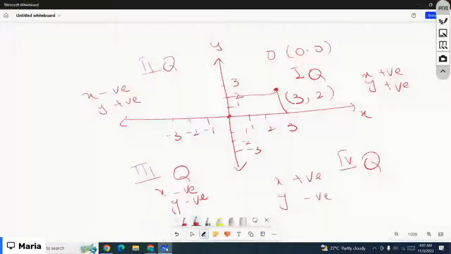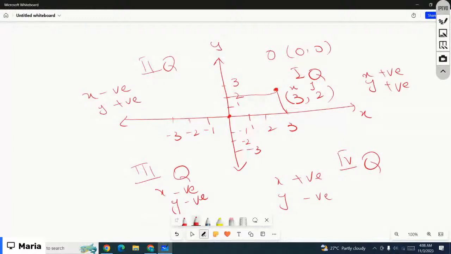You can write the point in the ordered pair form. The first value is always the x value, the second value is always the y value, right? Okay, I think that is all the important points about this chapter. Keep them in your mind.